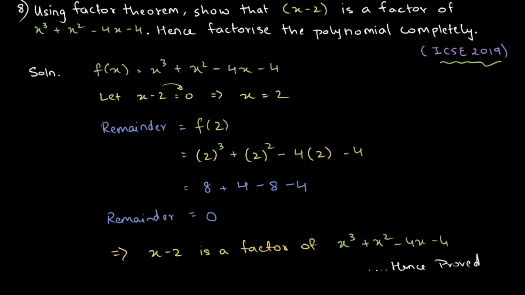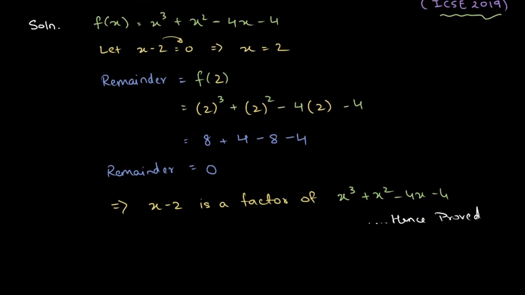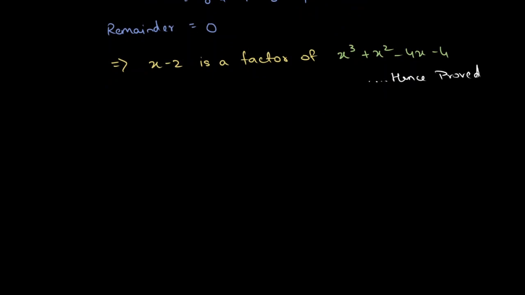What that means is they are expecting us to divide the polynomial f of x by x minus 2 and find the quotient. That is what they mean by factorize it completely. So for that, we will consider our dividend, which is x cubed plus x squared minus 4x minus 4, and our divisor, which is x minus 2, and we shall divide these two.